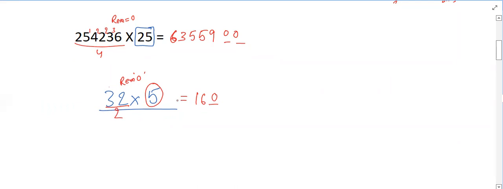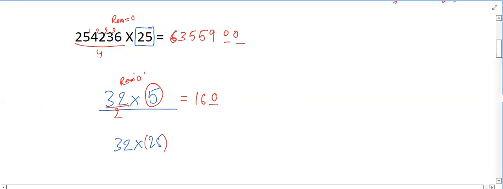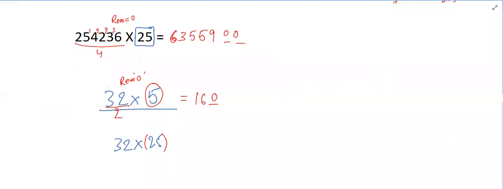Okay. We actually didn't do multiplication by 5. We have divided it by 2. And even then we are getting the answer. Okay, see one more question, like 32 into 25. We don't want to multiply with 25 directly. What can we do?